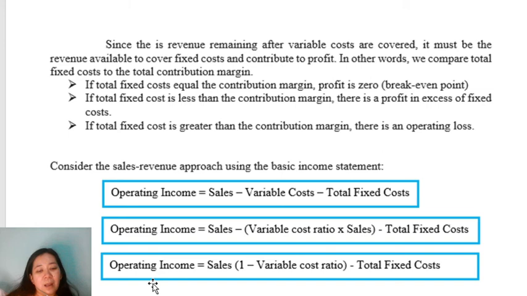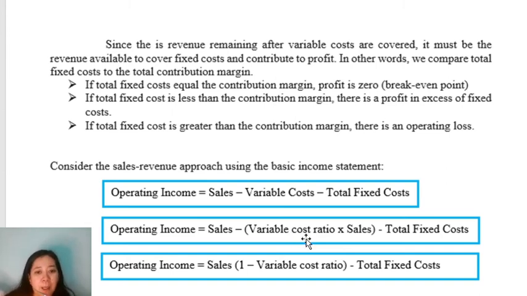By the way, these first three formulas are just the same. However, they are presented in different ways because you can solve the operating income using these formulas. Here, you can determine the variable cost by multiplying the variable in the second equation.